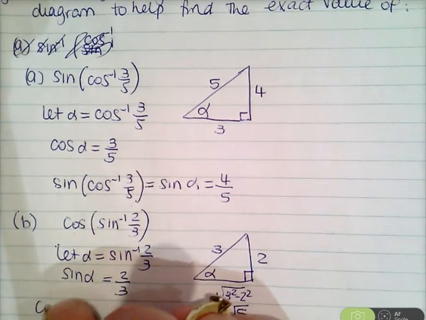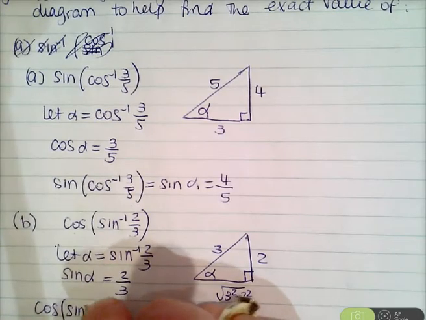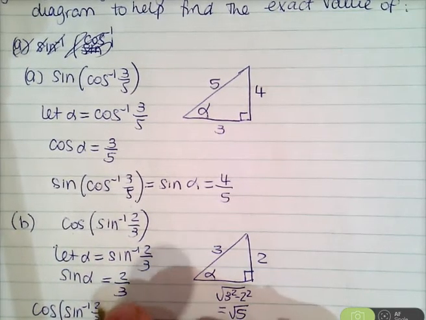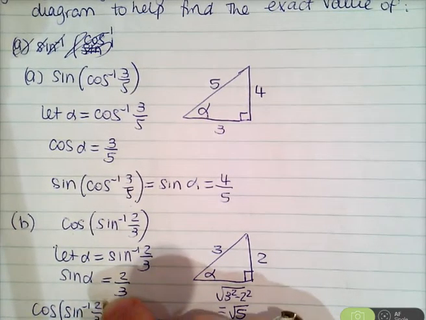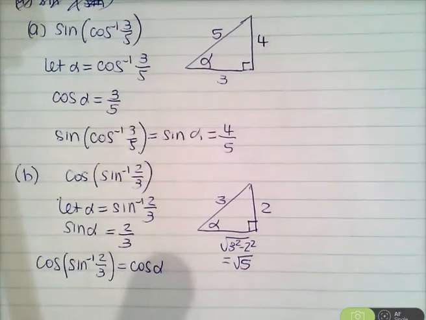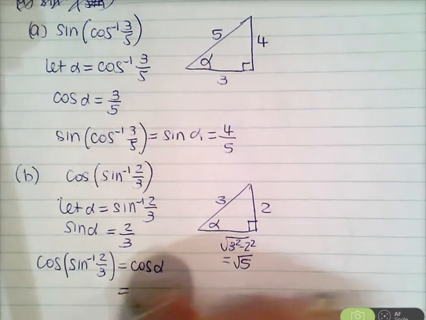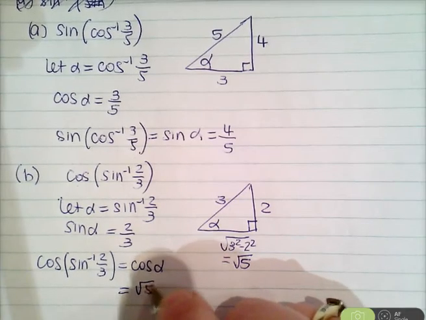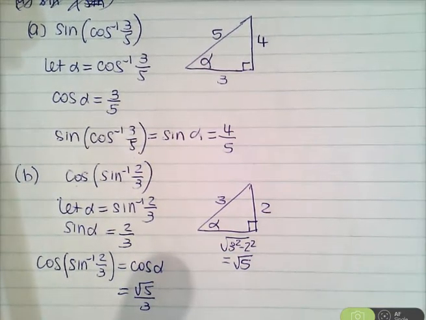So trying to find the cos of sine to the minus 1 of 2/3 is the same as finding cos of alpha, because we've defined alpha as sine to the minus 1 of 2/3, and cos of alpha is root 5 on 3.